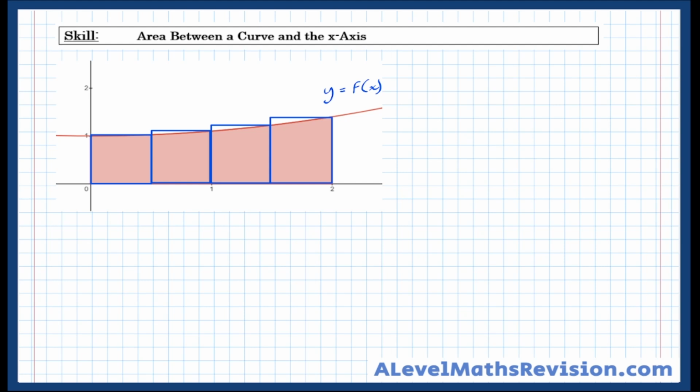But what actually happens when we use an infinite number of rectangles is that the area now becomes exact. It's no longer an estimate. So when the rectangles become infinite in number and infinitely thin, that's when we get a true value for what the area between the curve and the x-axis actually is.